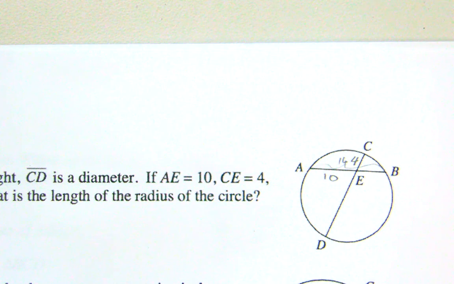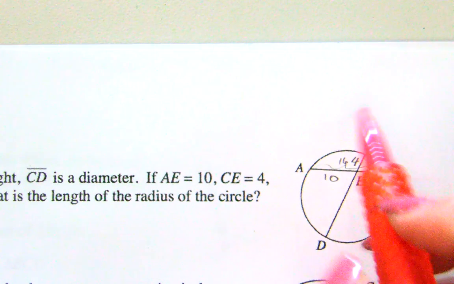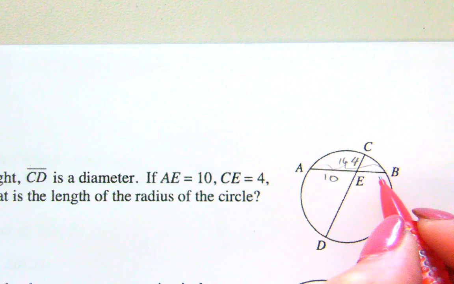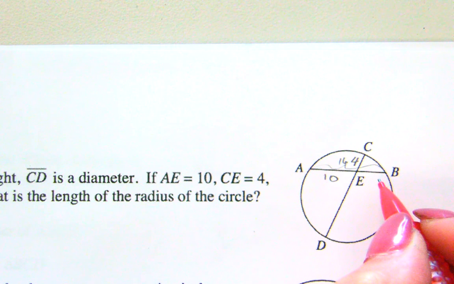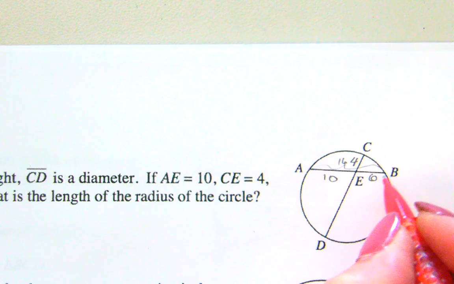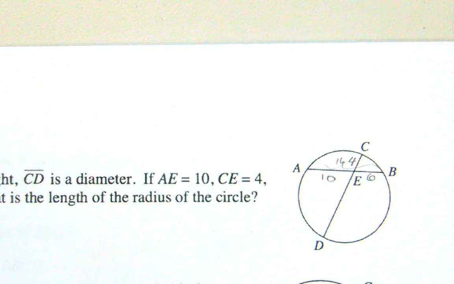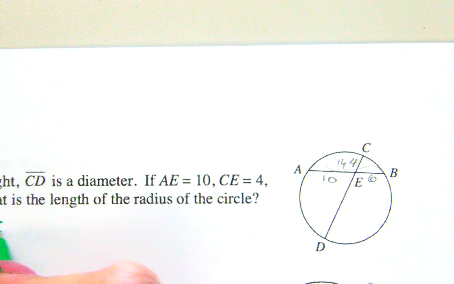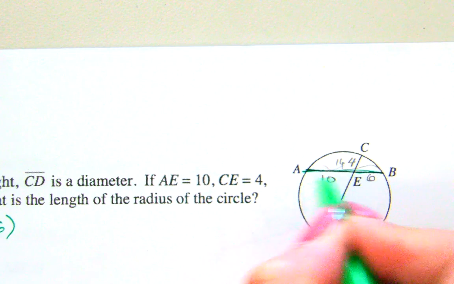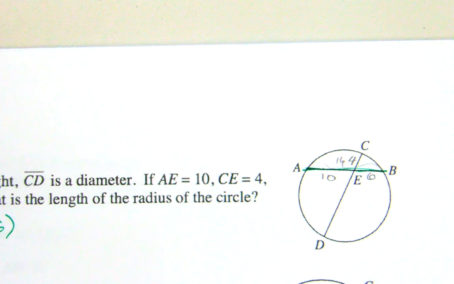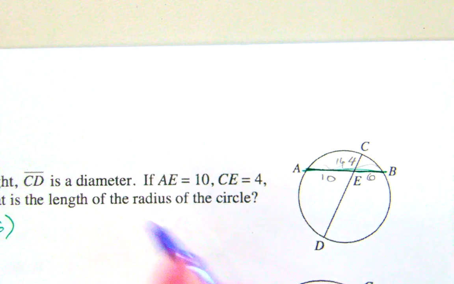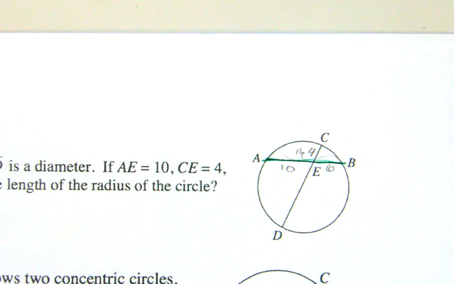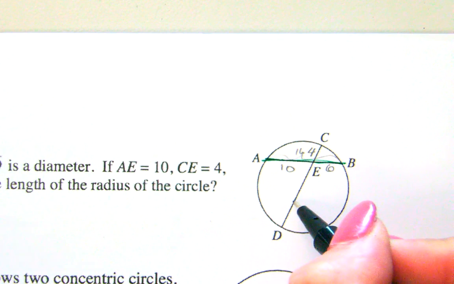Okay, so I'm going to put what we know. If the whole thing is 16, that's 10, so this part has to be 6 over here, right? So we know that 10 times 6, this length AB, has to be equal to 4 times something else.